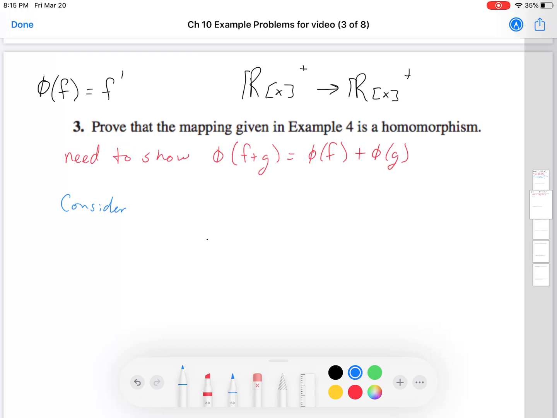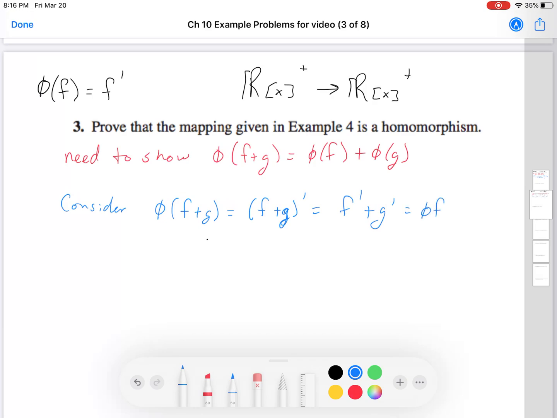So consider phi of f plus g. Well, that would equal the derivative of the sum of these two functions. But when we're thinking about derivatives, really the derivative of the sum of two functions is the sum of the derivative of each of the functions.